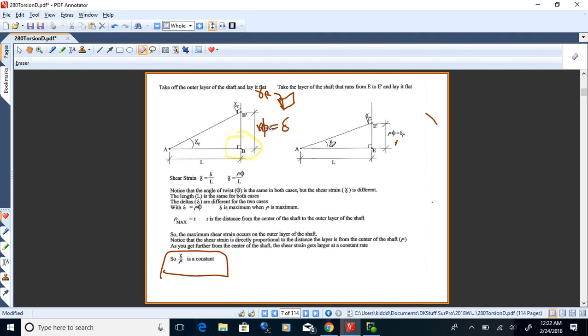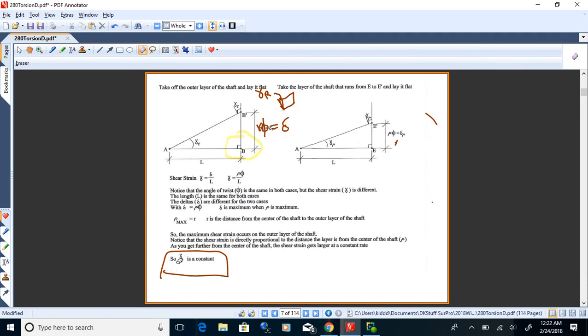So the shear strain is maximized as you get out to the edge of the shaft, and there's a linear relationship between how far out you are from the center of the shaft and that shear strain. So boxed in here in red, what we have is the fact that the shear strain divided by the distance rho from the center of the shaft is a constant. The further out you get from the center, the greater the shear strain, and it's a linear relationship.